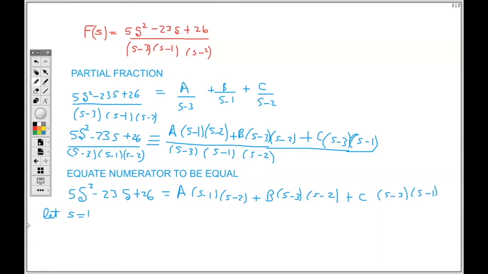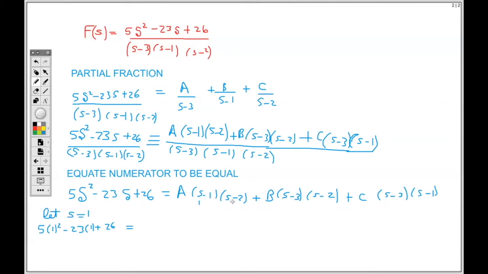So I'm going to have 5, and then s squared becomes 1 squared, minus 23 times 1, plus 26. Now on the right hand side, substituting s equal 1, that will be 1 minus 1, that's 0.